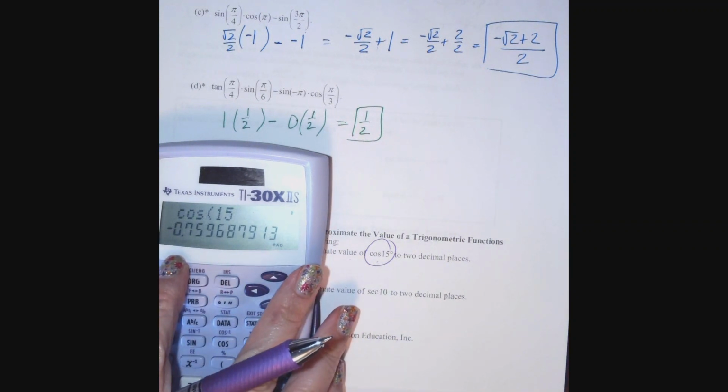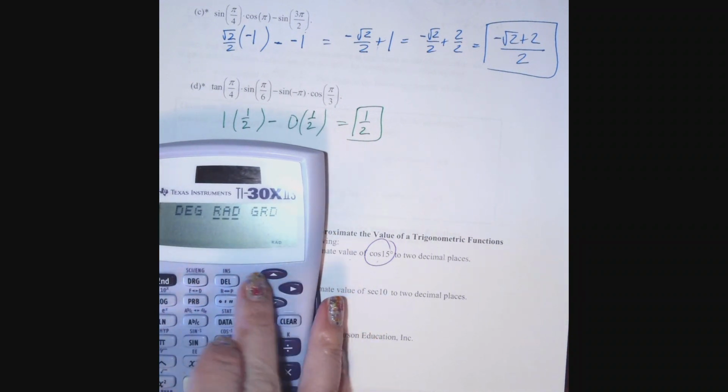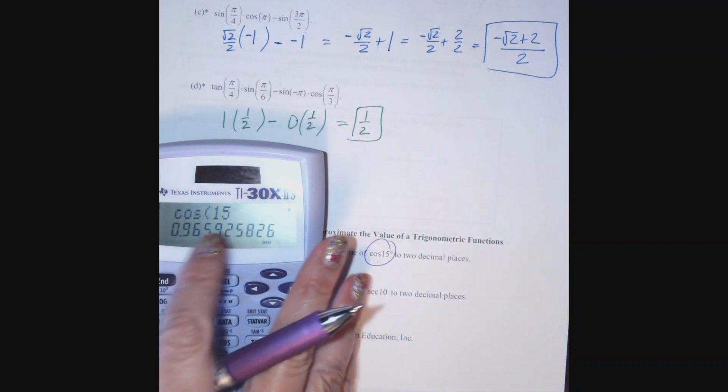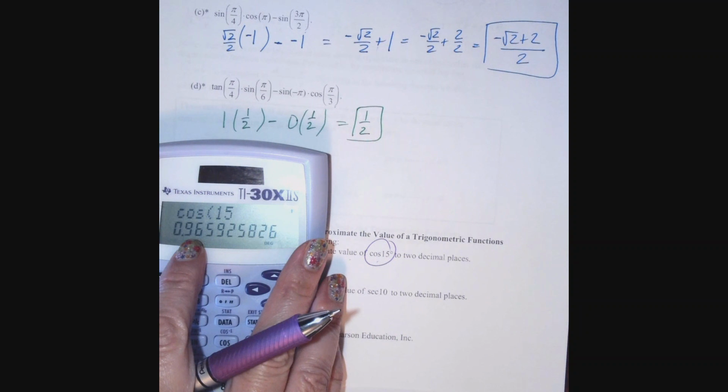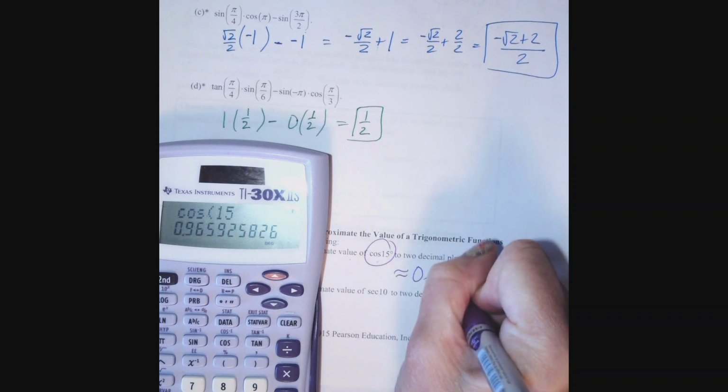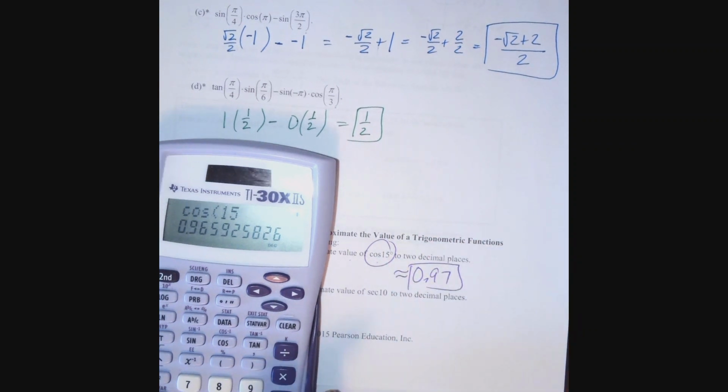It's negative, but 15 degrees is in quadrant 1, so it should be positive. So I know that can't be right. So I'm going to change back to degree mode, and I try it again. Cosine of 15 degrees, there we go. Now it's a positive value. Round it to 2 decimal places. Gives me about 0.97 as the result.